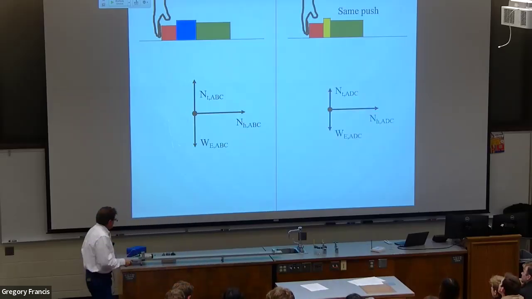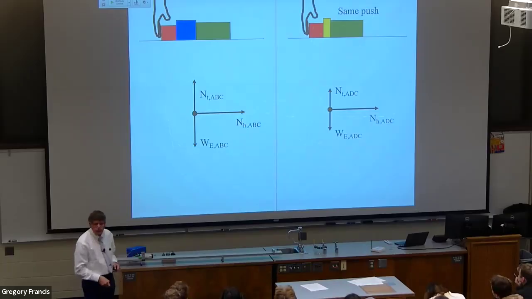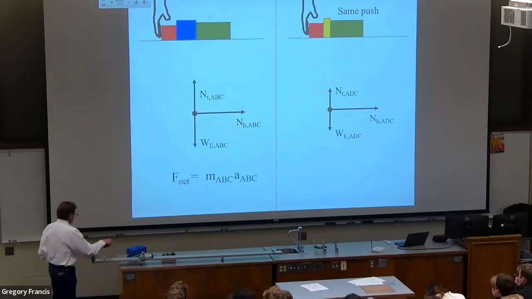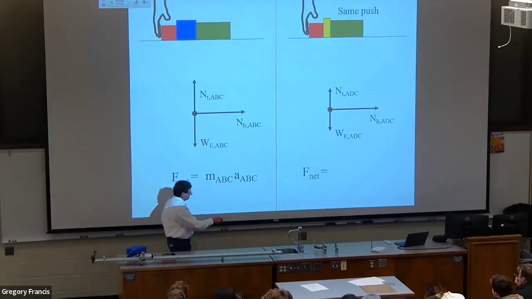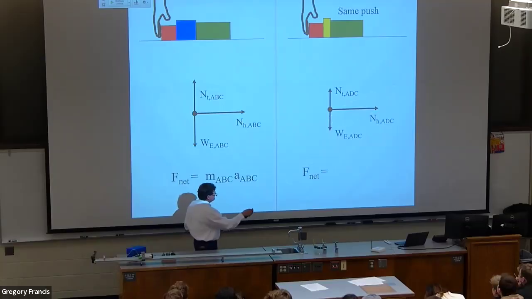Now, if we look at the diagram for A, D, and C, there's less mass, so these forces are smaller. But we're told that the hand pushes the same. That was given in the problem, okay? So if we use Newton's second law, F net equals ma, the net force is the same. That's the push by the hand.